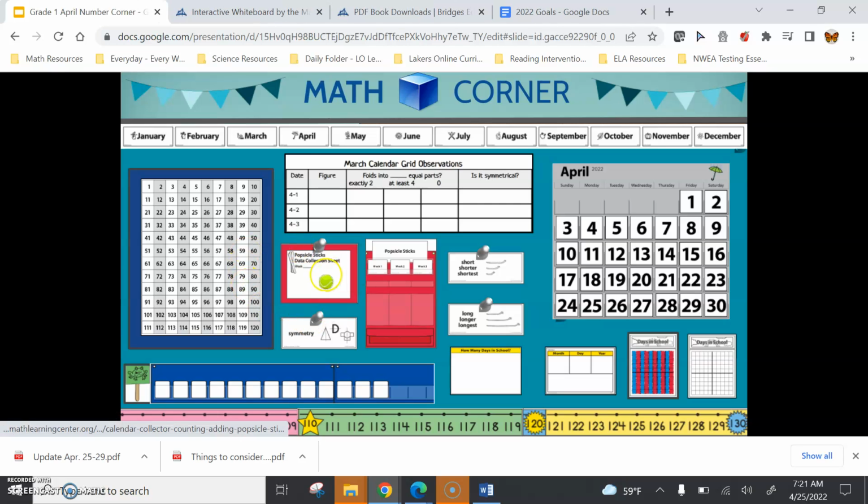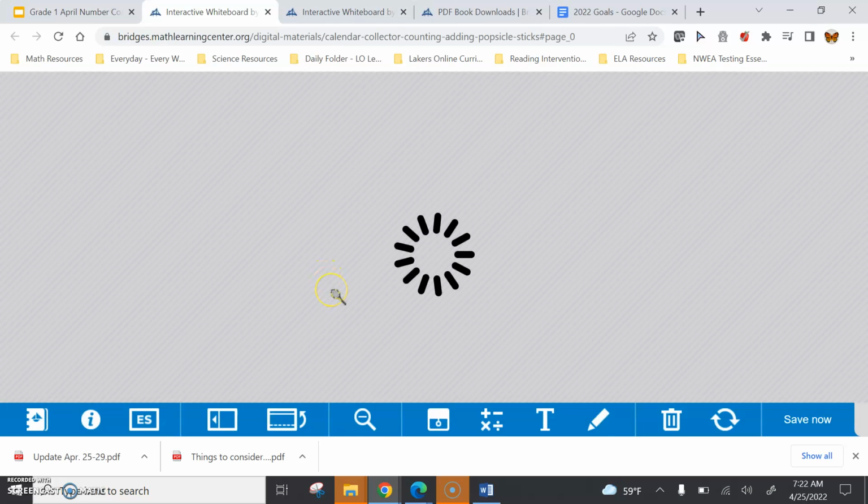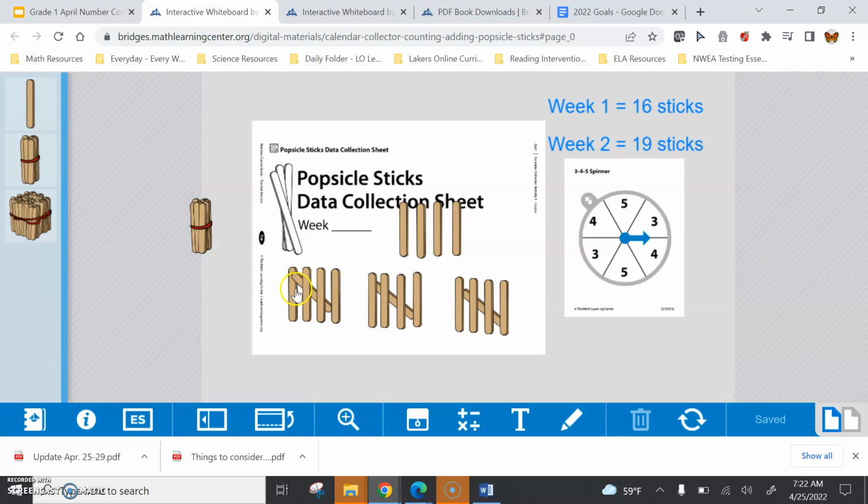We are now going to start new popsicle arrangements. We're going to put all of these away. They were very helpful for the past 2 weeks since we've collected a lot of popsicles over the past 2 weeks. We are now going to start a new collection for this week.